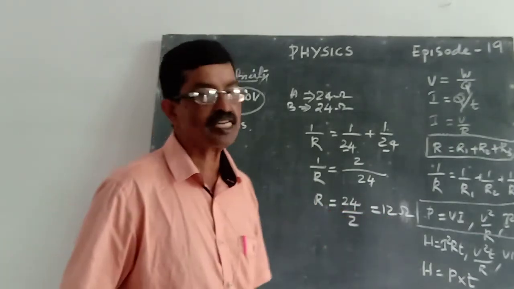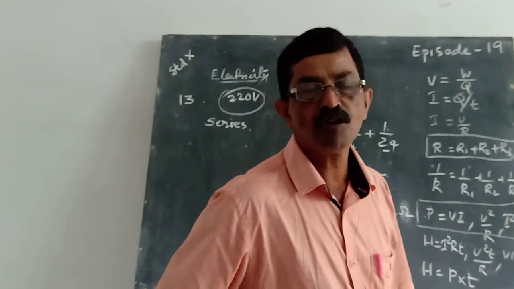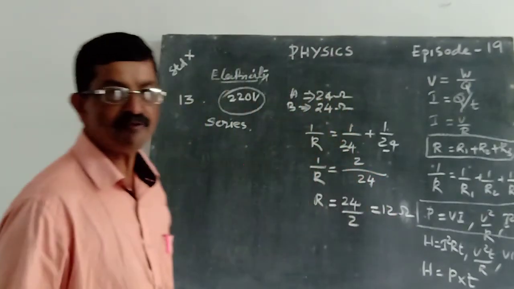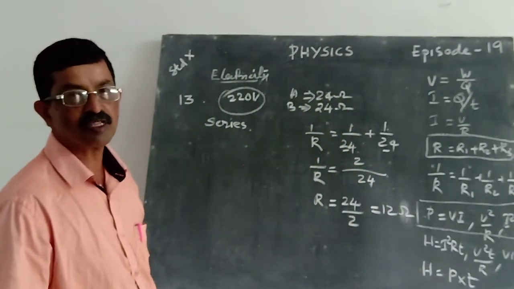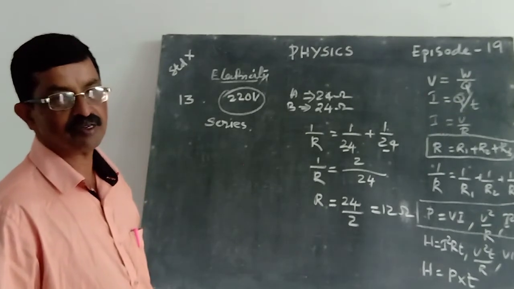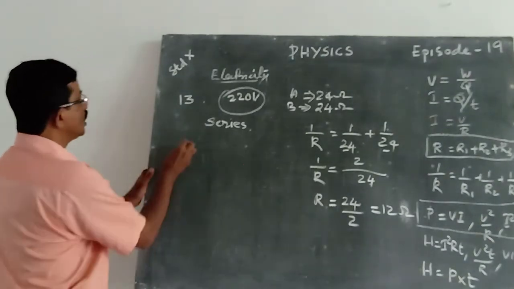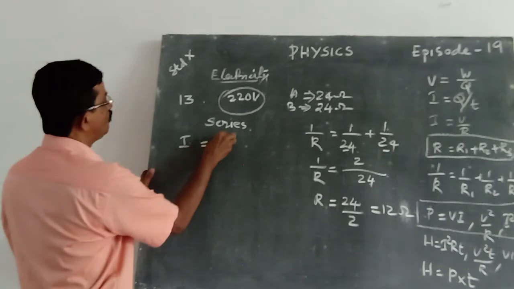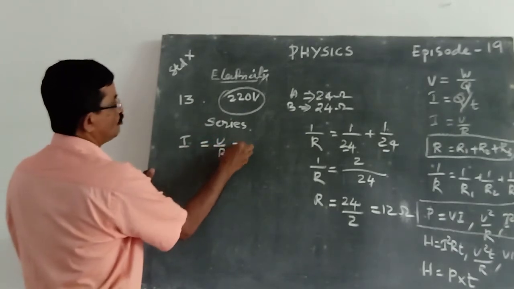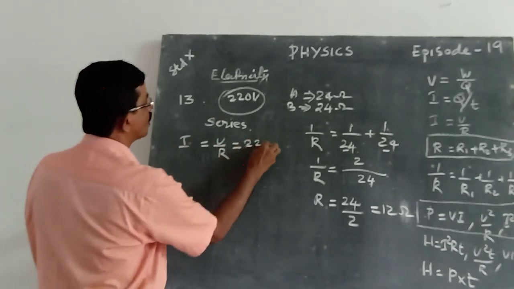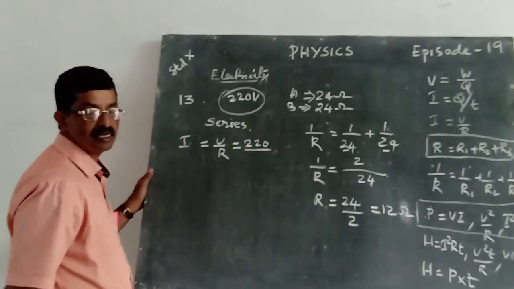Effective resistance now in the circuit is 12 ohm. Now we want to find out the total current through the circuit. See, current I is equal to V by R. V is 220 divided by R.